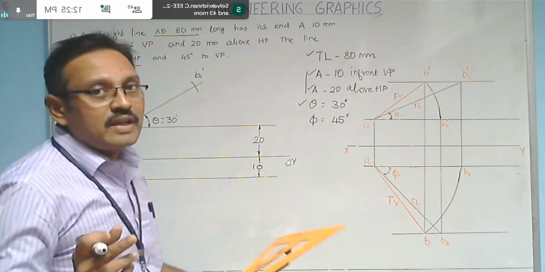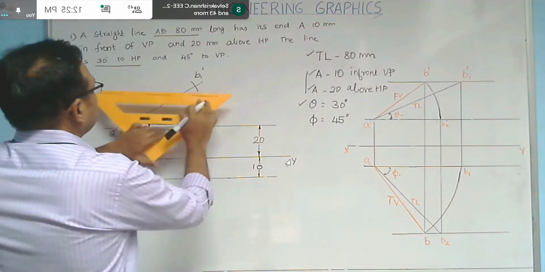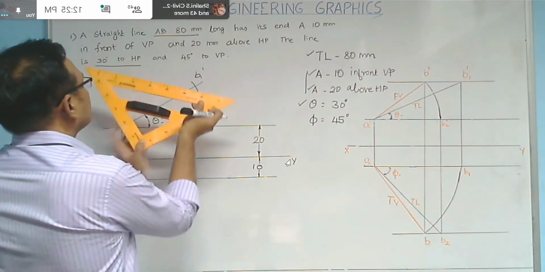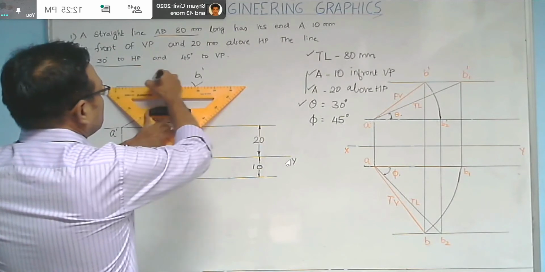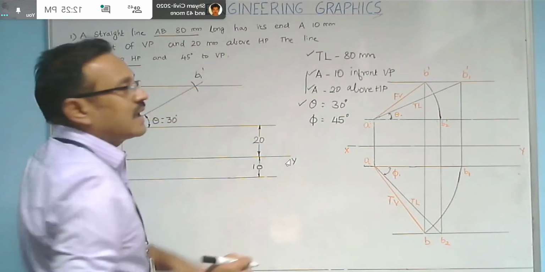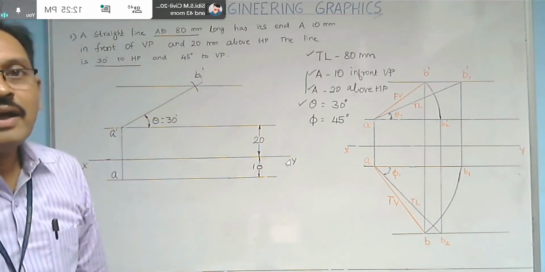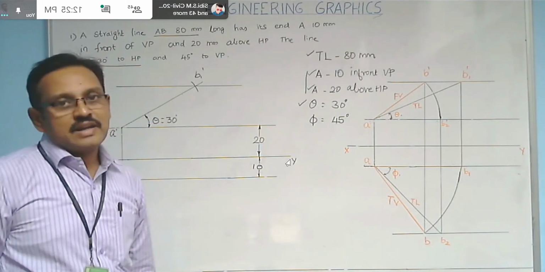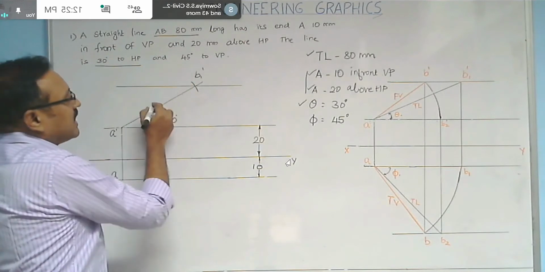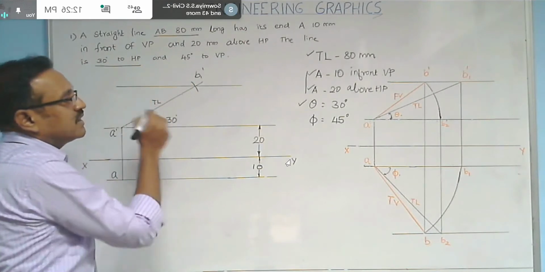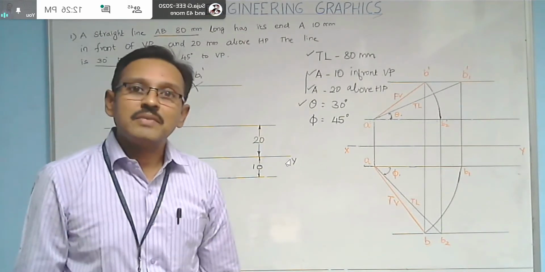Now you draw a locus line through this B1 dash. Okay, right. So now this A dash B1 dash represents the true length of the line, that is 80 mm.